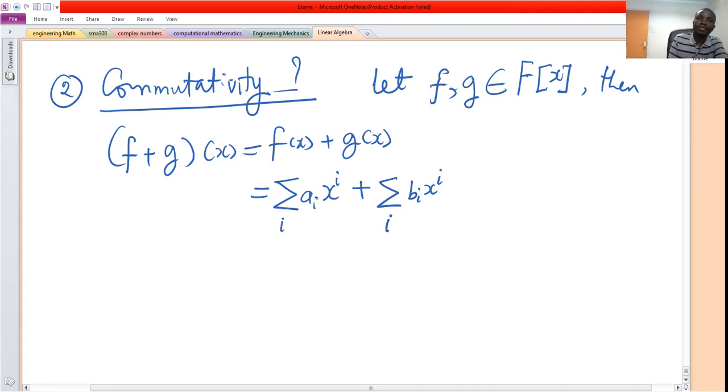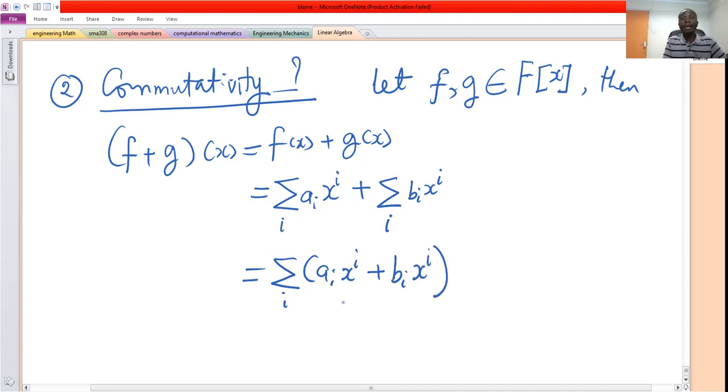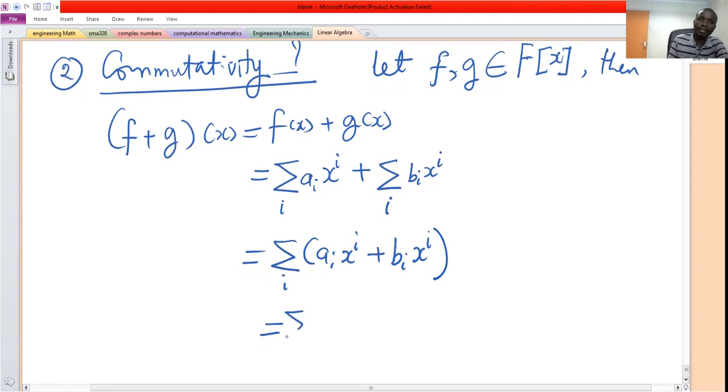Because we have summation of elements of the same format, we can write it as one summation: ai xi plus bi xi. This is the same as summation of ai plus bi, and then xi.